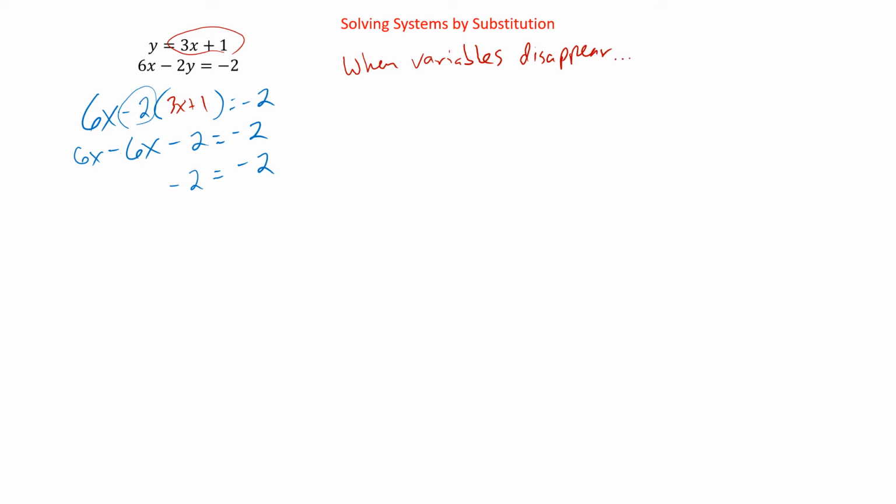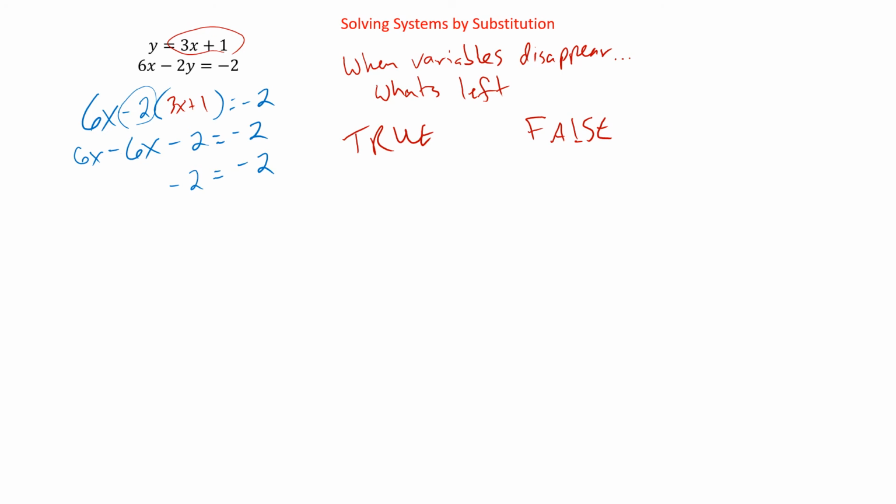When variables disappear, we have two options. What's left is either true or what's left is false. If it's true, that was the identity when we were just dealing with equations, and we ended up with all real numbers.